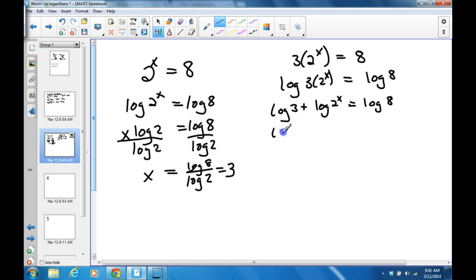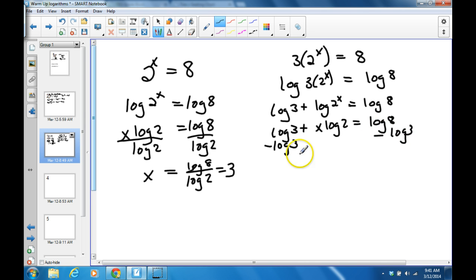So I could say log 3 plus x log 2 equals log 8. I need to solve for x, so what am I going to do? Subtract log 3 from both sides.